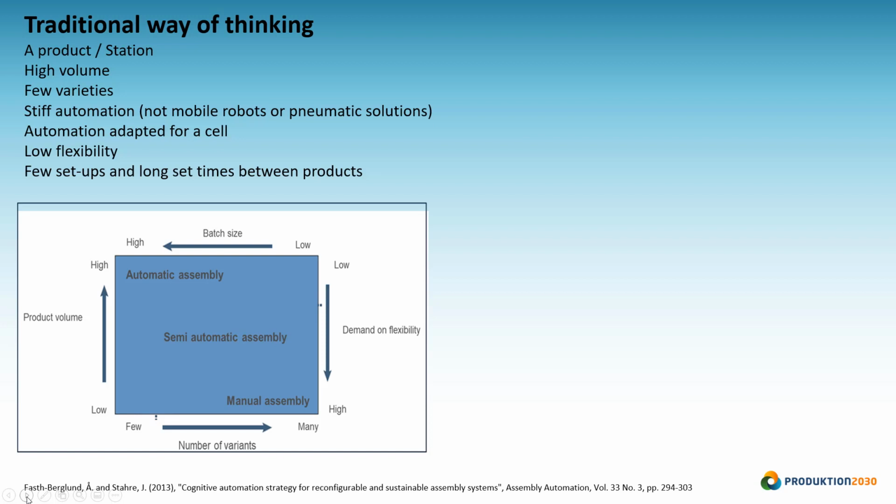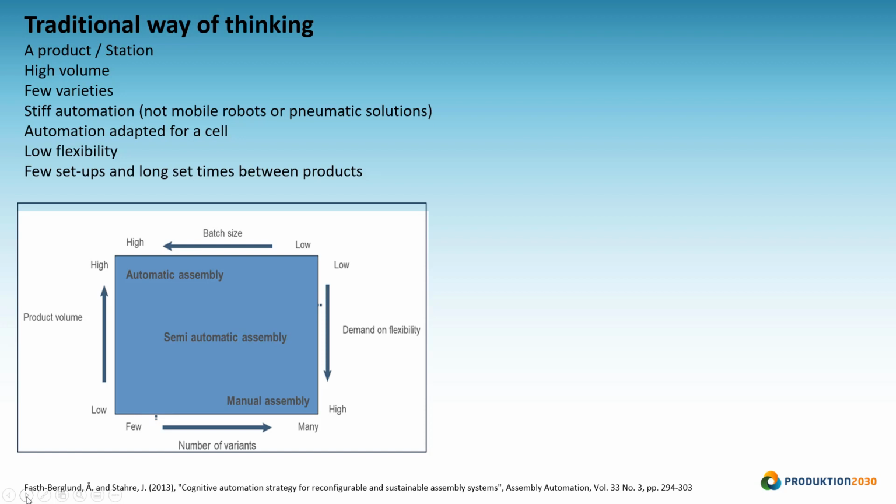You have stiff automation, which means that the robots are not mobile and the pneumatic solutions are not mobile. Automation is adopted for one cell. It's quite low flexibility in terms of routing and path flexibility. And few setups, but the setup times are quite long between the products.